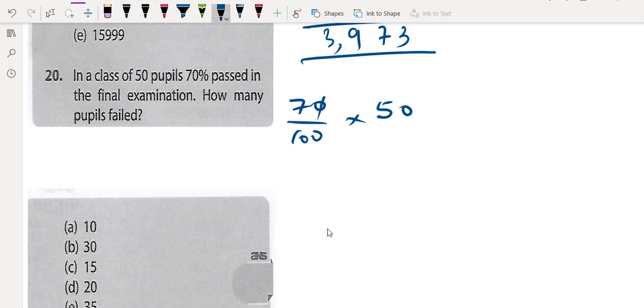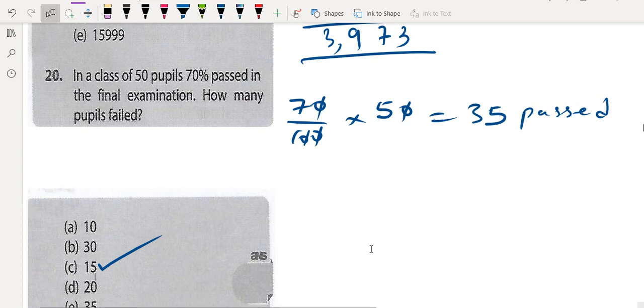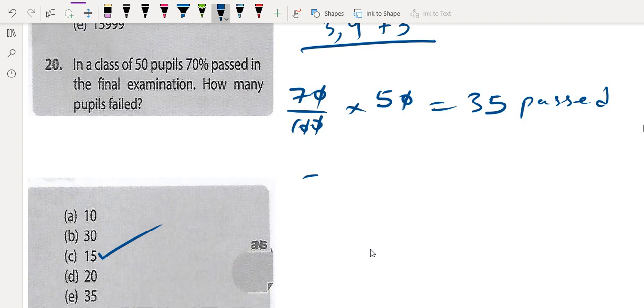Yes. 7 times 5, so we can say 35 passed. So how many failed? 15. 15 failed, which is 50 minus 35.